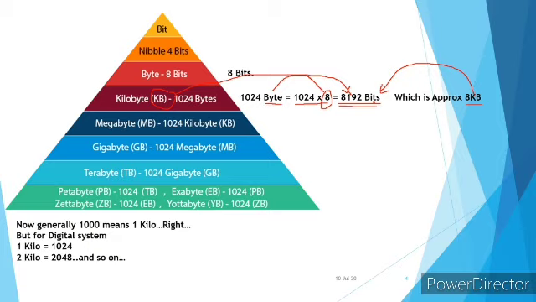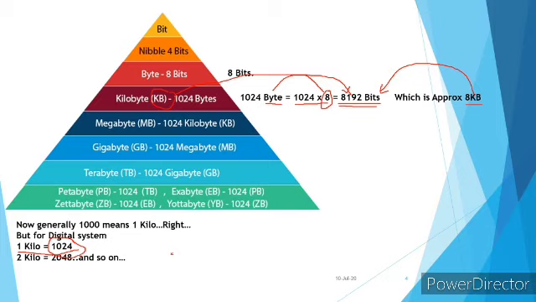But in the digital number system, you have to remember that 1 kilo is equal to 1024. 2 kilo means double of this, 2048, right? We don't have 3 kilo here, 3k. We can have 4k, so it is 4096, and so on.